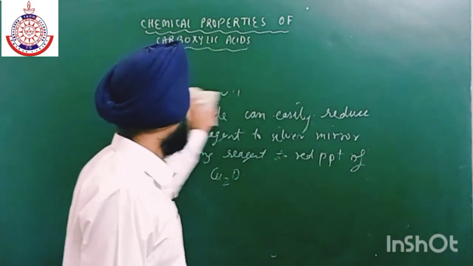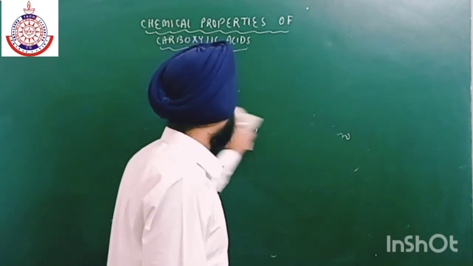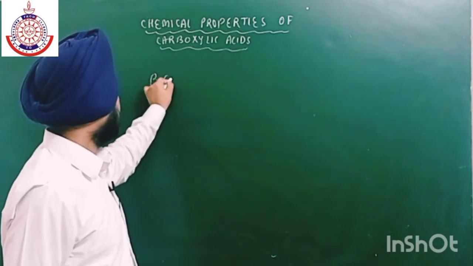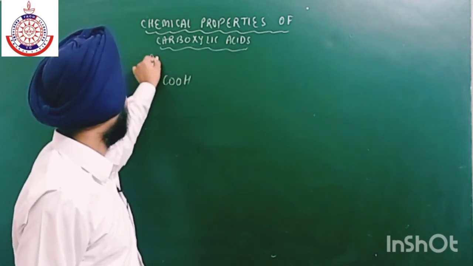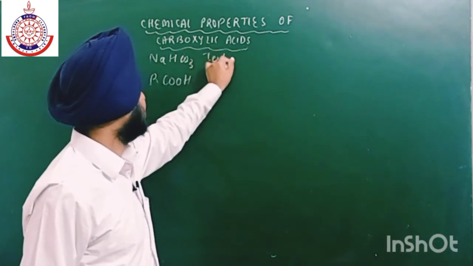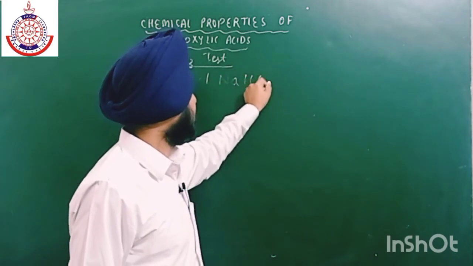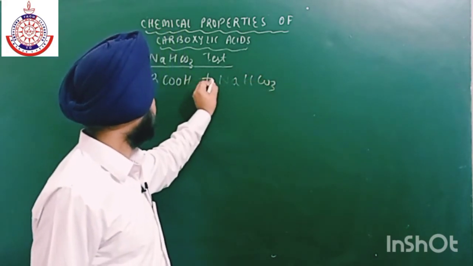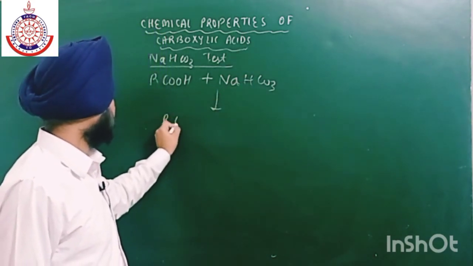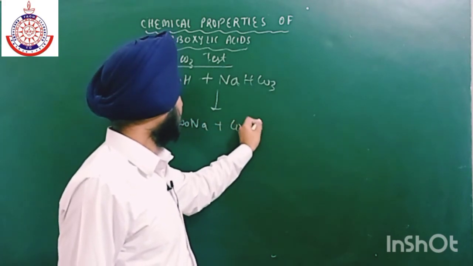We have already discussed that carboxylic acid on reaction with sodium bicarbonate gives RCOONa plus CO2 plus H2O.